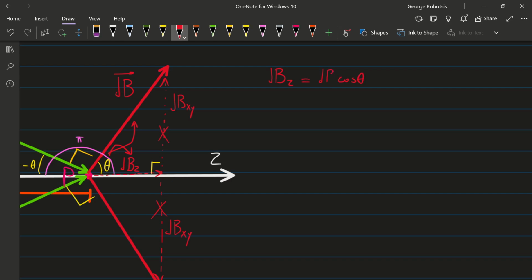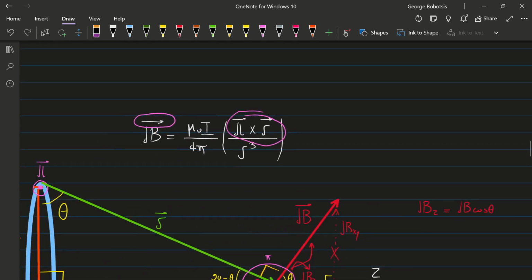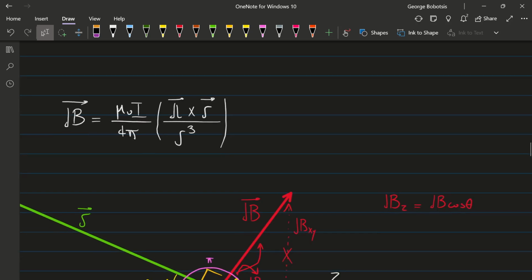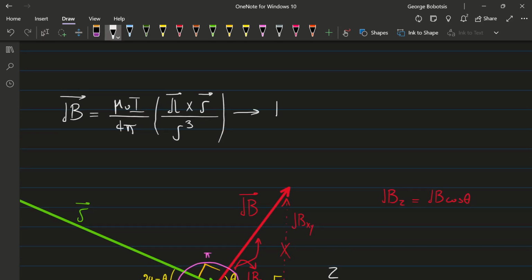Here's where it gets even more interesting. Notice that this is magnitude, while this over here, upstairs, has direction. This is one of the few times where you can work out the Biot-Savart law without the cross product. The magnitude of a cross product, you know it from linear algebra.